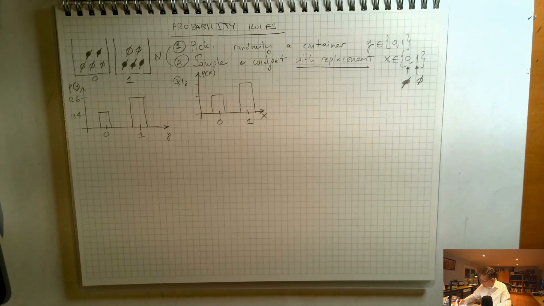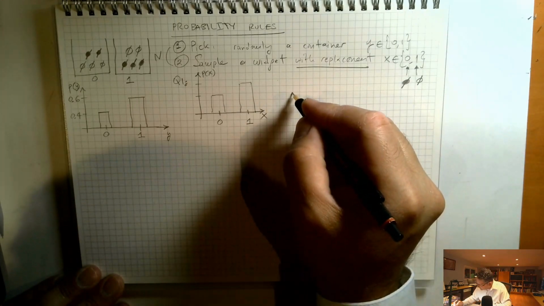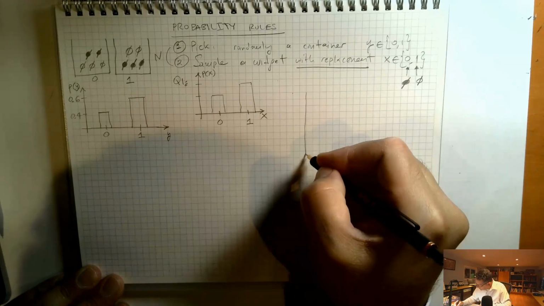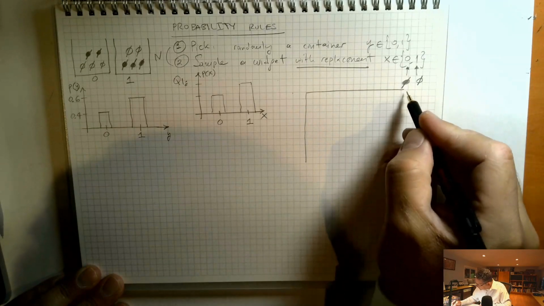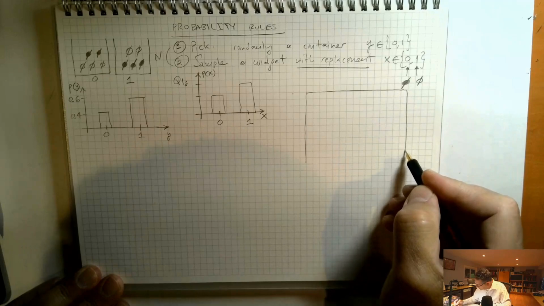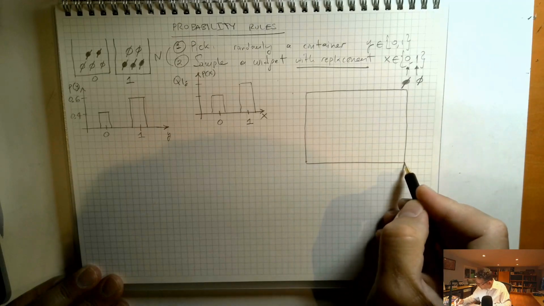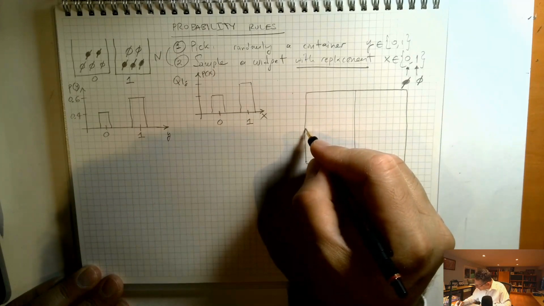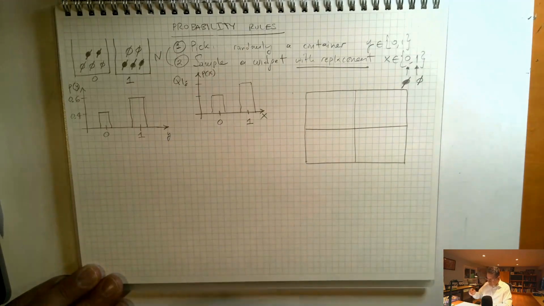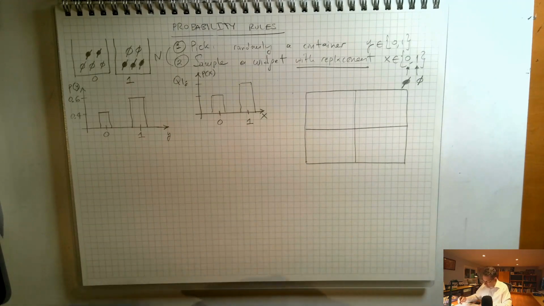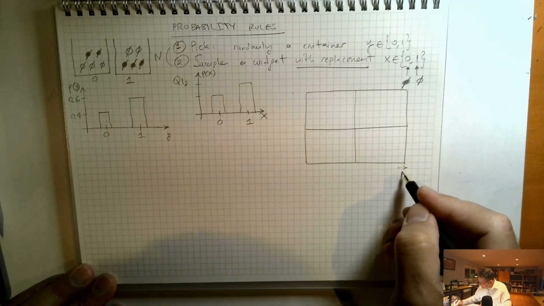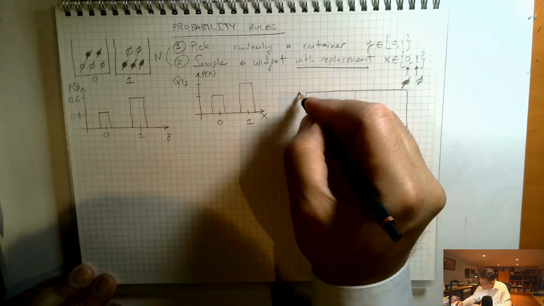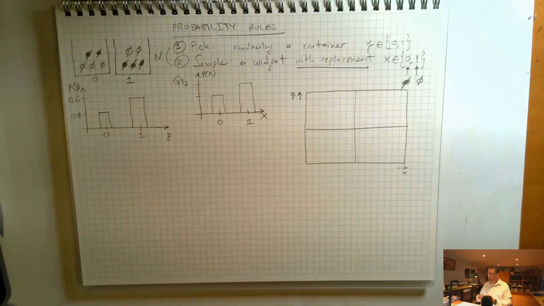Let me also plot the diagram over here. We have four possibilities that can happen. If this represents the X random variable and this represents the Y random variable, we have an experiment that involves two random variables, X and Y, and all the events are joint.